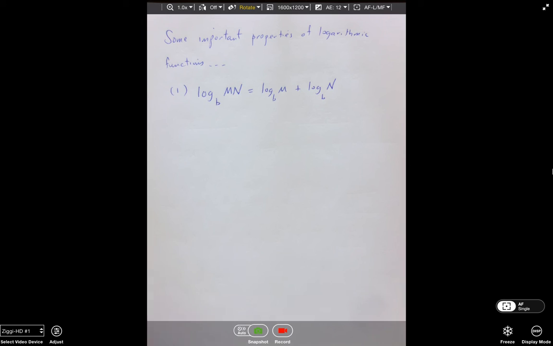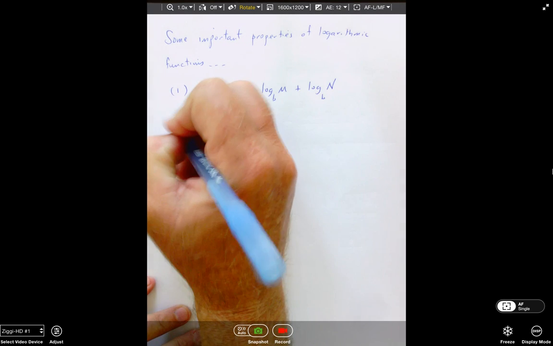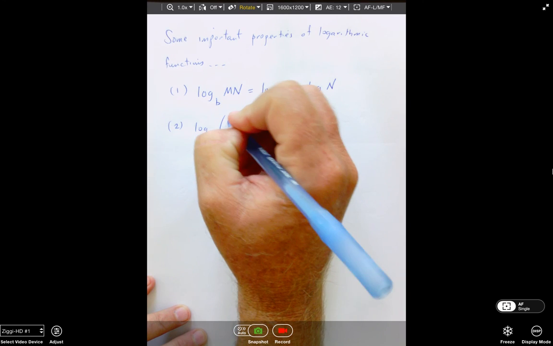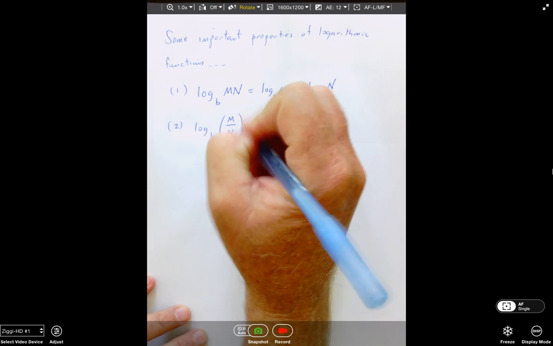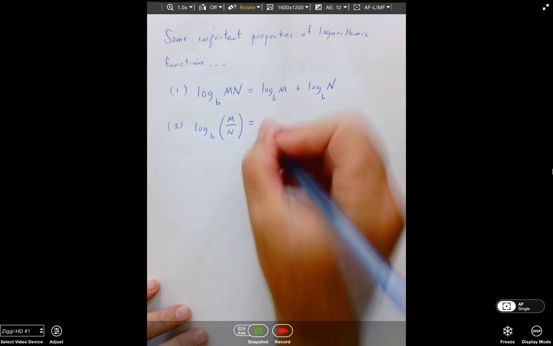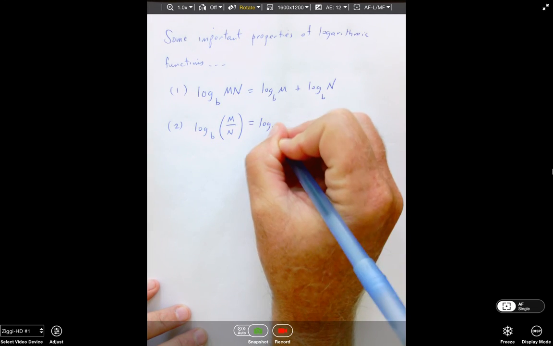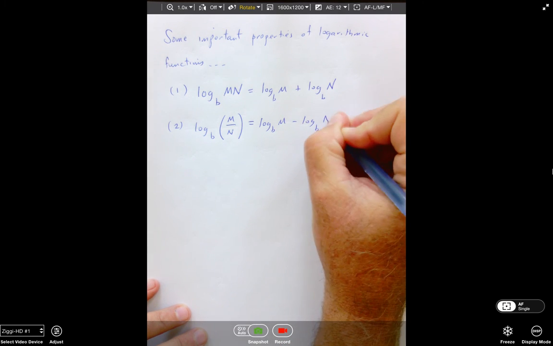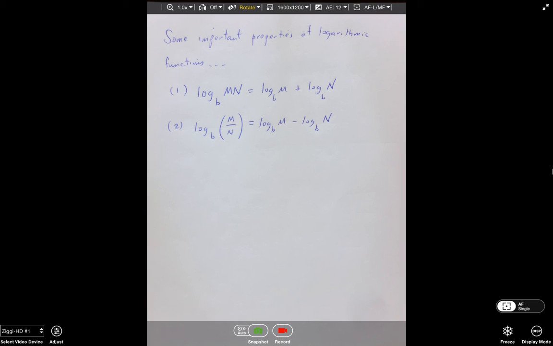Another one is that the log base b of a quotient is subtracting the logs.